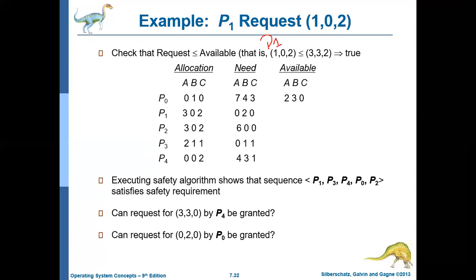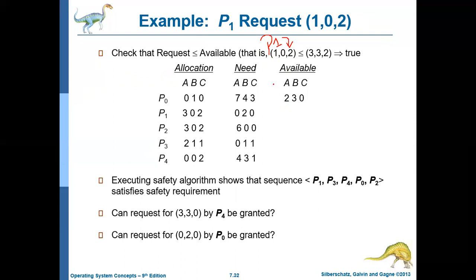Process P1 is requesting 1 instance of resource A, 0 instances of resource B, and 2 instances of resource C. First, we have to check whether the request is less than or equal to available or not.